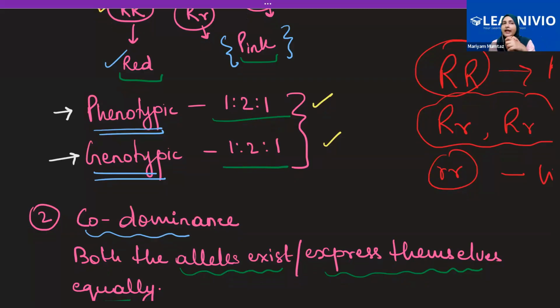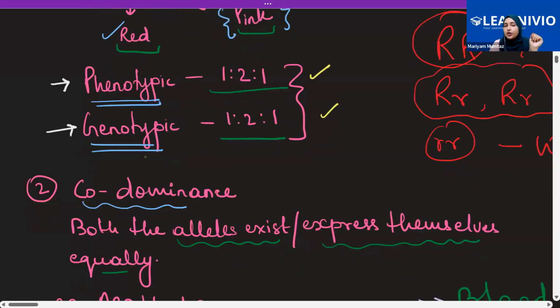For example, can you tell me how many blood groups are there in total? 4. A, B, AB and O, right? Now see, A blood group is single, B blood group is single, and O blood group is single. But in AB, A is also being expressed and B is also being expressed. So that is the case of codominance.